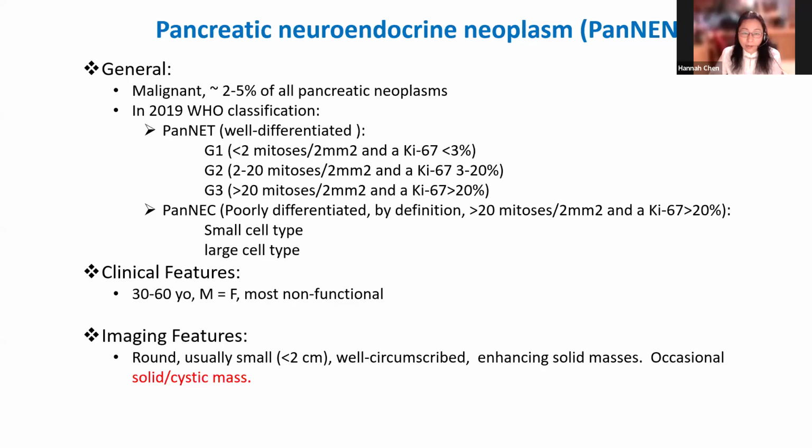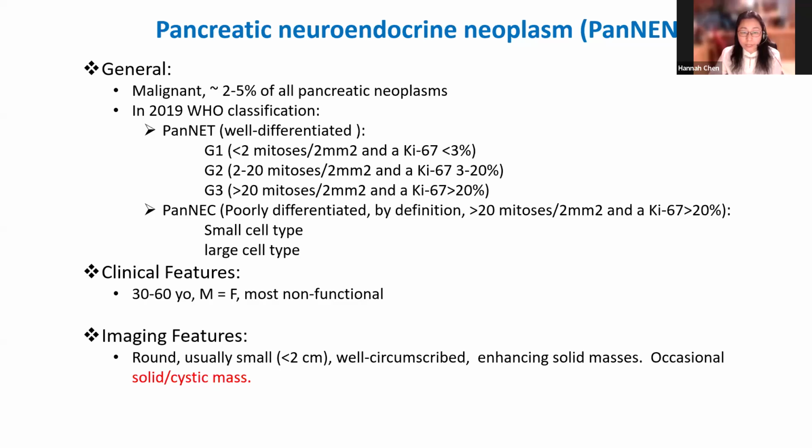And the pancreatic neuroendocrine carcinoma is further classified as small cell type or large cell type. Among pancreatic neuroendocrine neoplasms, the majority are just pancreatic neuroendocrine tumor. Neuroendocrine carcinoma is pretty rare.